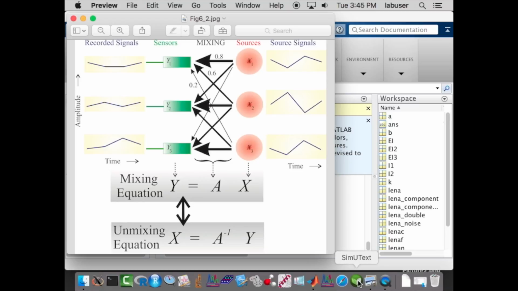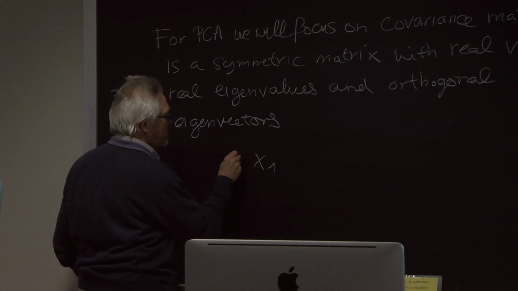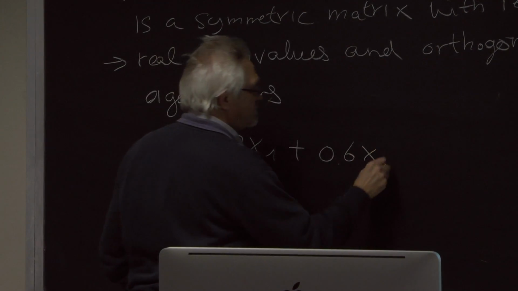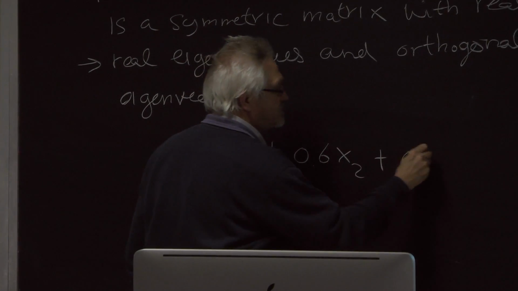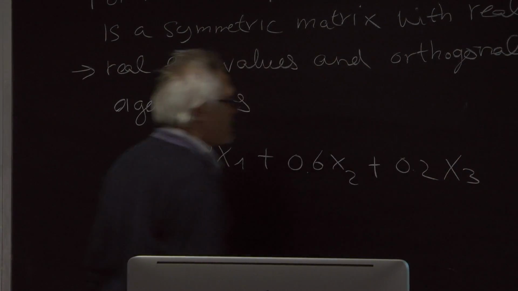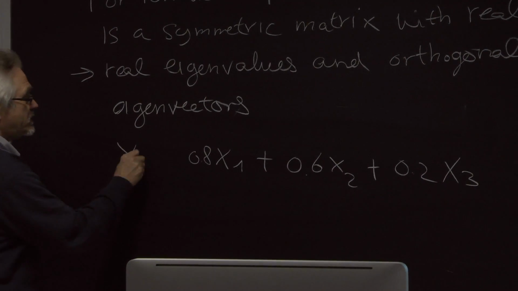If I know all these attenuations from every source to every sensor, I can write up a little equation. For instance, x1 multiplied by 0.8, plus 0.6 times x2, plus 0.2 times x3, is going to be my signal in y1.